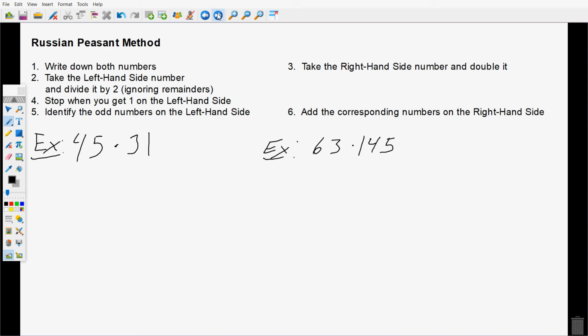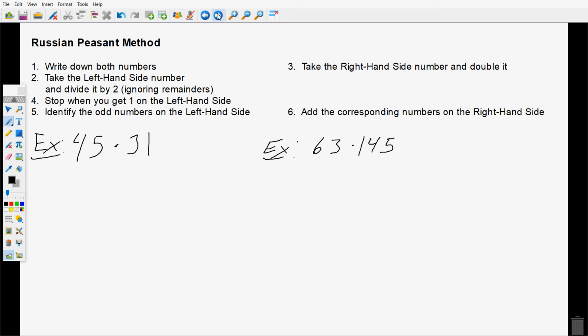Now, remember, when you are multiplying, it does not matter if you have something like 1 times 3 or 3 times 1, or in this case, I can do 45 times 31 or 31 times 45.